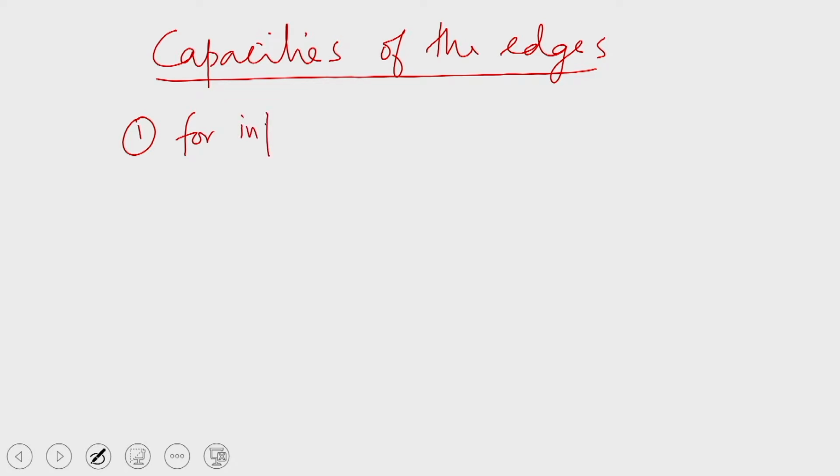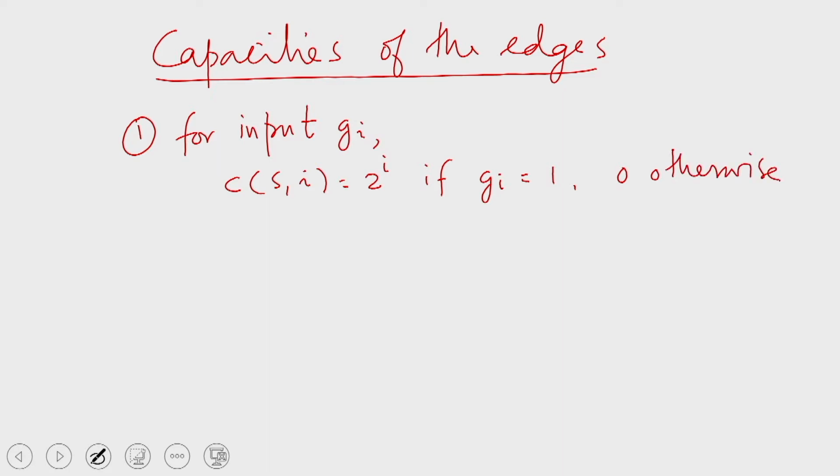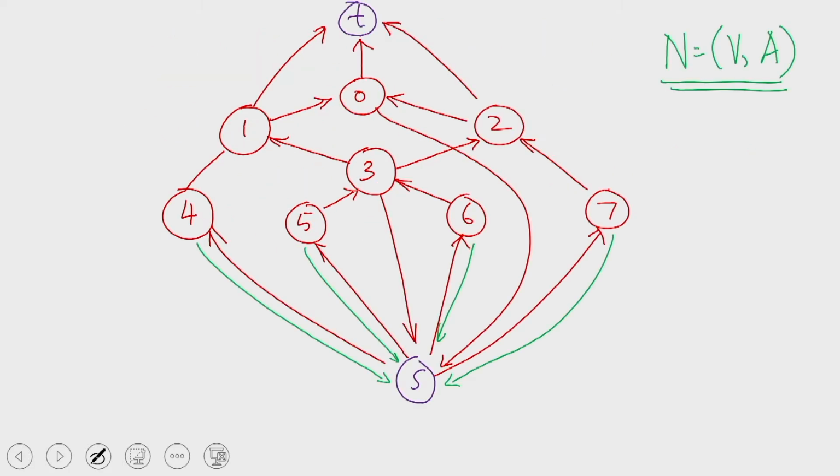For an input Gi, the capacity of Si is defined as 2 power i if Gi equals 1, 0 otherwise, and the capacity of iS is defined as 2 power i. Coming back to this figure, therefore, the capacity of the edge from S to 4 will be 2 power 4.